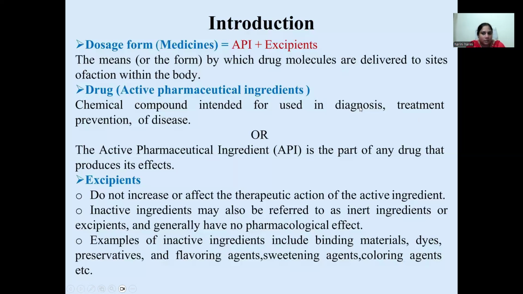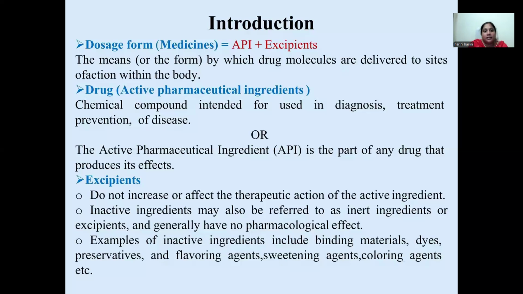Coming to diagnosis, whenever you are suffering from typhoid or tuberculosis, you will be having some different tests for diagnosis of that particular typhoid or tuberculosis. Even in those diagnostic kits, some chemical compounds are used. They are nothing but our active pharmaceutical ingredients or the drugs. And this drug is also used for the prevention of the disease. For example, it is used in the preparation of vaccines.